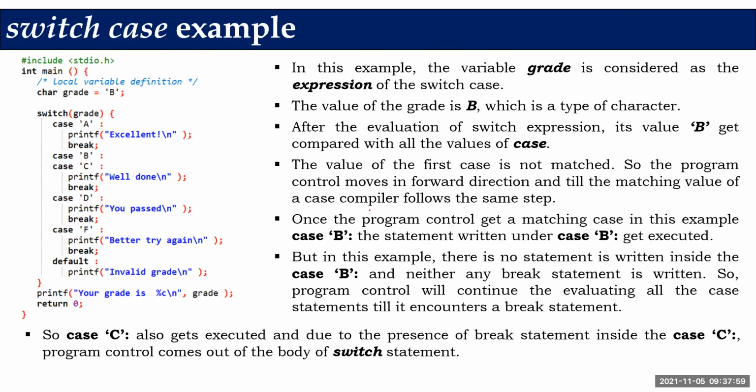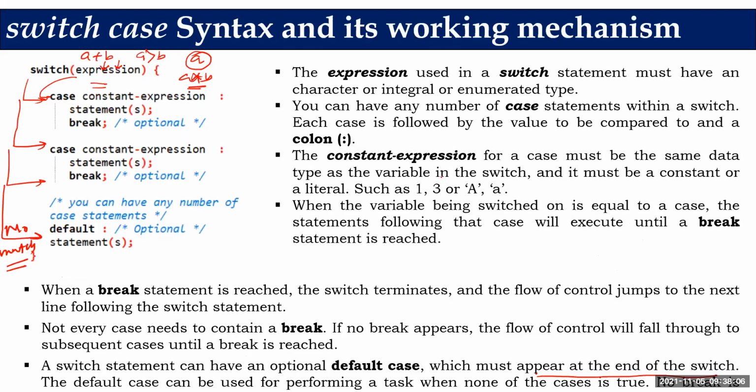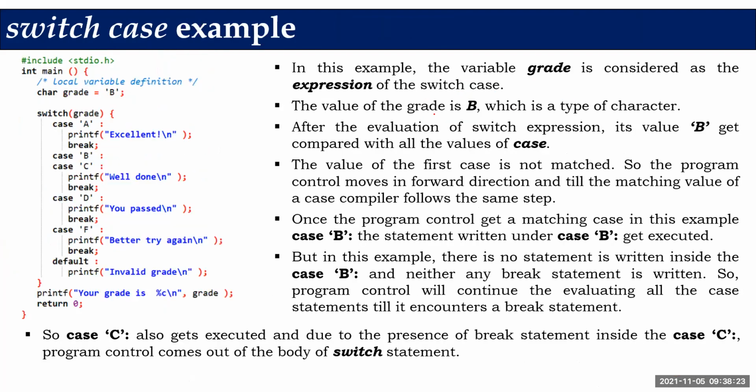Here I have taken a simple example of switch case. Let us understand how it will work here. If you remember from the previous point, I told you that this particular expression must be of any of these three types: character, integral (meaning integer), and enumerated type. So let's see an example with the character type. Here, what is the problem? The variable grade is considered as the expression of the switch case.